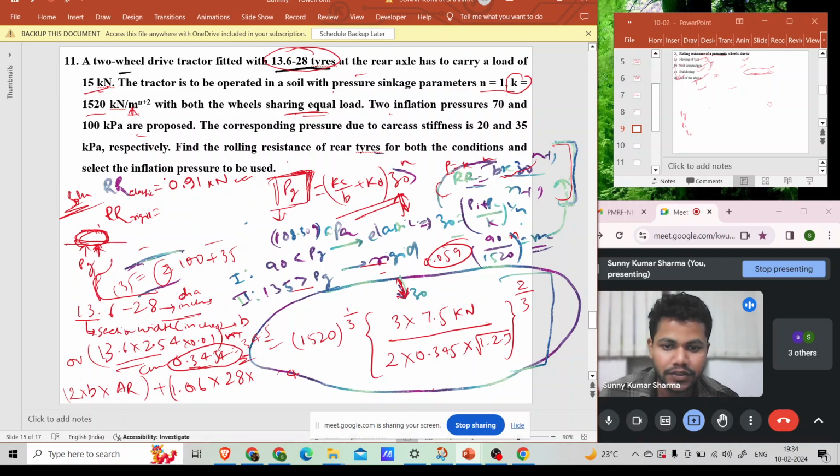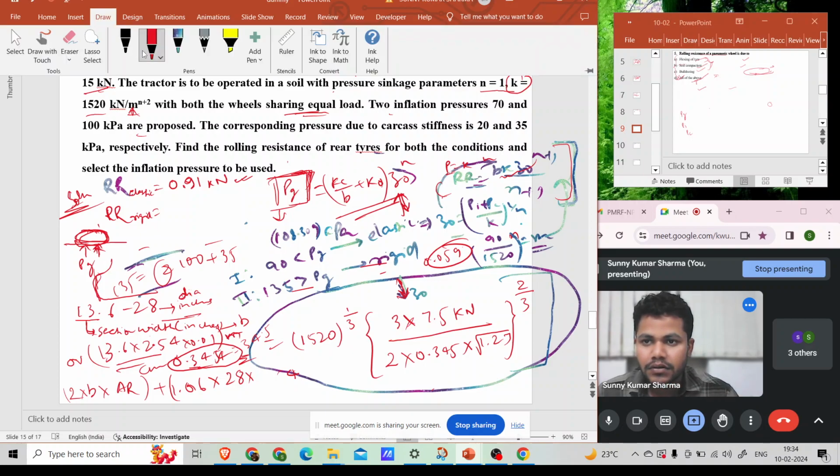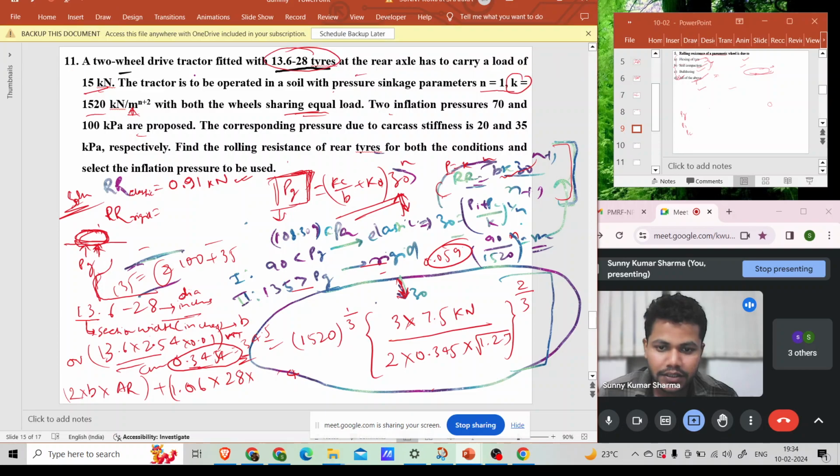For rigid mode, Z0 will be the one which I have written, the equation many times. This Z0 in terms of 3W plus W, we get this expression. This we have already calculated.